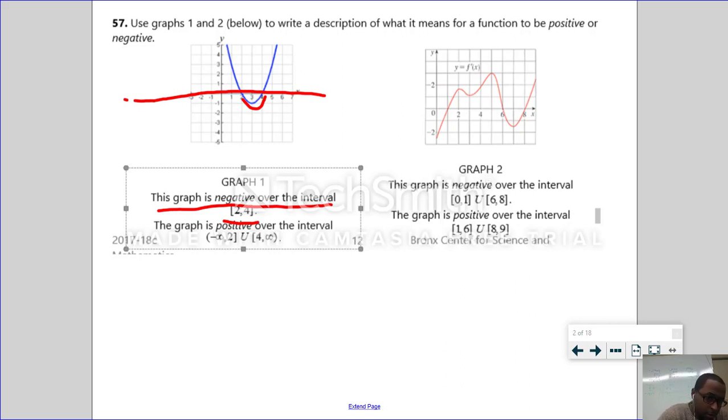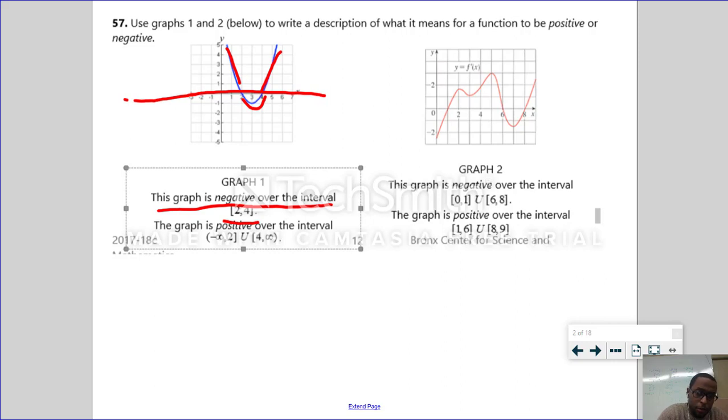So in this event, 2, 4 is below the x-axis, it is negative. Anything above the x-axis is positive. So in this event, this part and this part is above the x-axis, so that's why that is deemed positive. So this interval is positive from negative infinity to 2, and it's also positive from 4 to infinity.